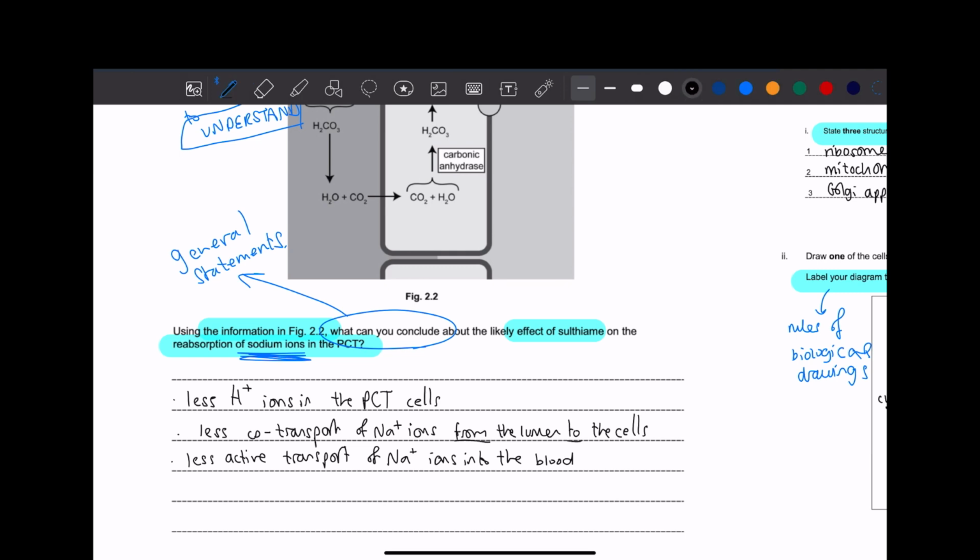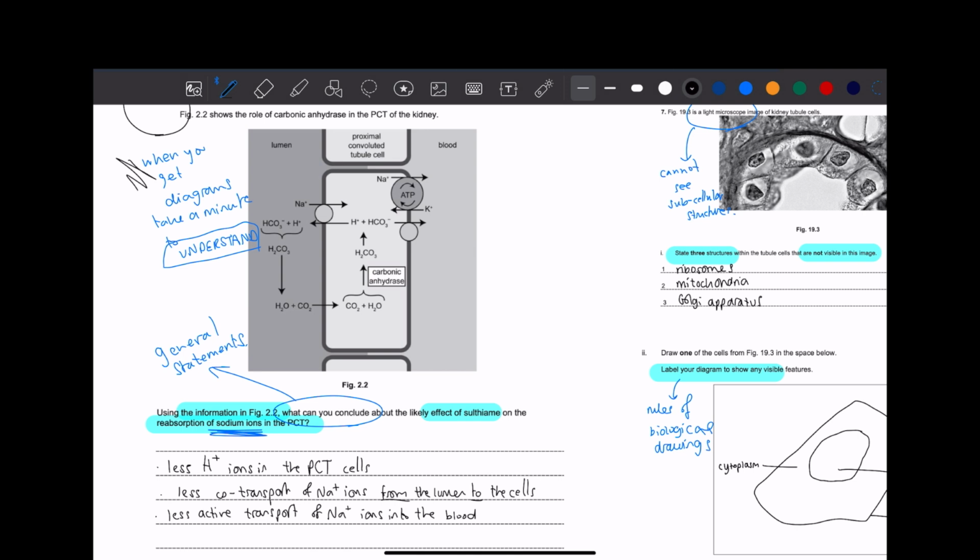When it says what can you conclude, the way you answer those questions is quite state-the-obvious, you just say how it is, okay? I'll tell you what that really means later on, but it's saying what can you conclude about the effect of that drug on the reabsorption of sodium ions in the PCT. Our focus is on sodium ions, so at least we know that.